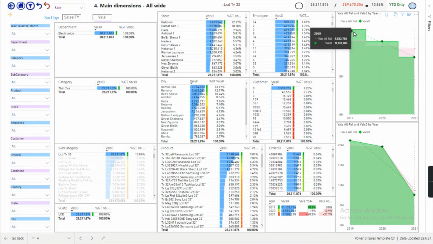Okay, so it started strong and it goes down faster than the whole chain. That's a problem because it's a main subcategory.